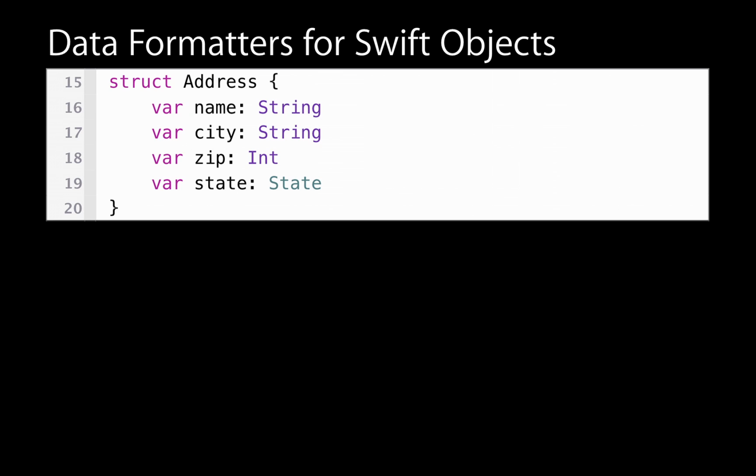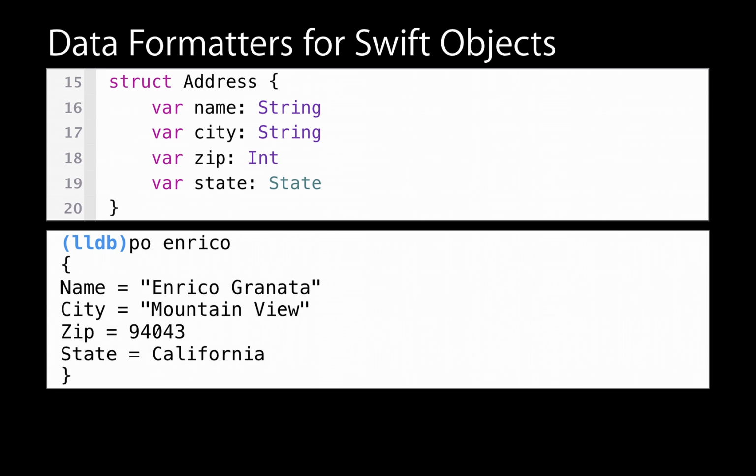Let's say we have a struct that represents a person's address. And we try to PO my address card represented in this struct. That's not a horrible display, but it looks nothing like an address would look, right? I want to make this more envelope-like. I want this to look a little bit more like I was writing my address on an envelope.